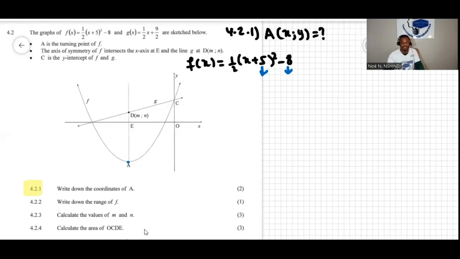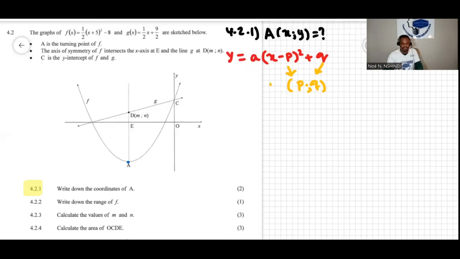Maybe I should write my formula like this: y equal to a (x minus p) to the power of 2 plus q is what we call the turning point form of the quadratic equation. So the values p and q determine the coordinates of the turning point, TP.